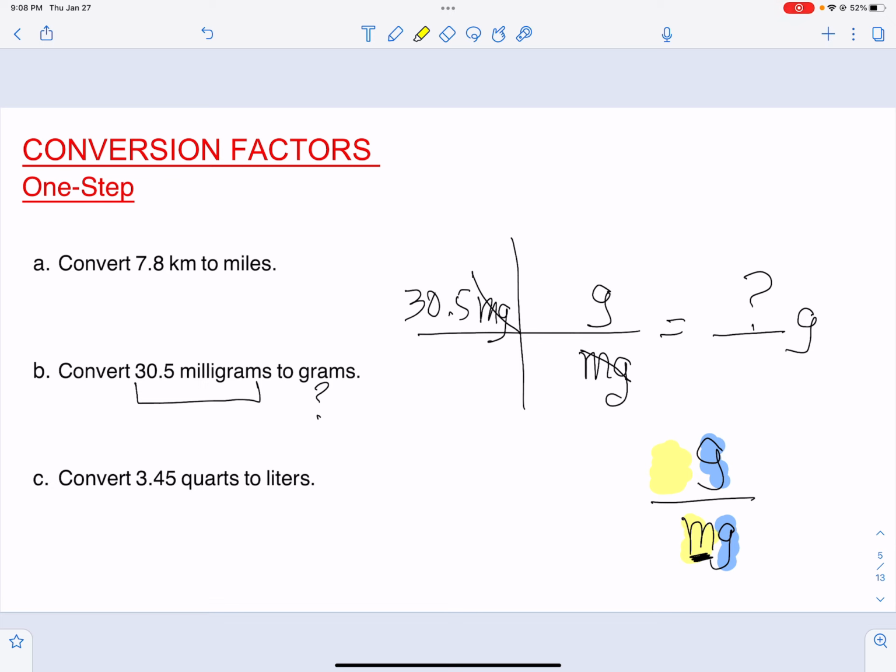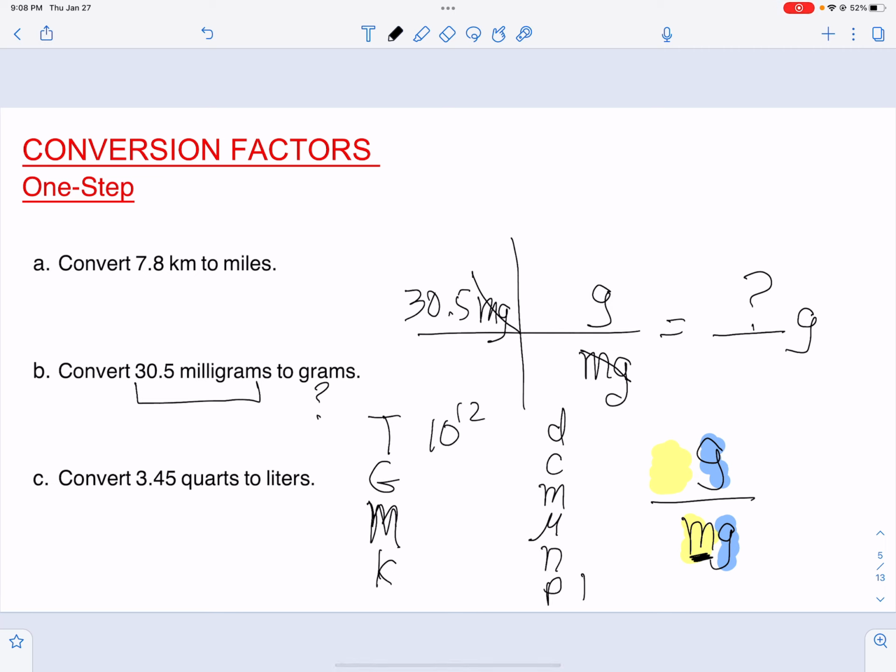So what is milli? Well, let me go back to what I remember. To gain memory, no, doctor, can my microwave nuke potatoes? 10 to the 12, 10 to the minus 12, 10 to the 9, 10 to the minus 9, 10 to the 6, 10 to the minus 6, 10 to the third, 10 to the minus third.